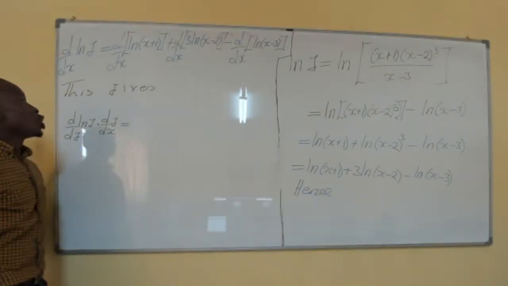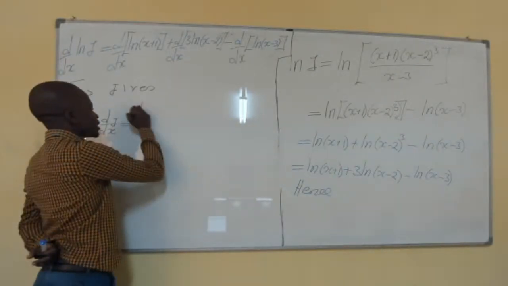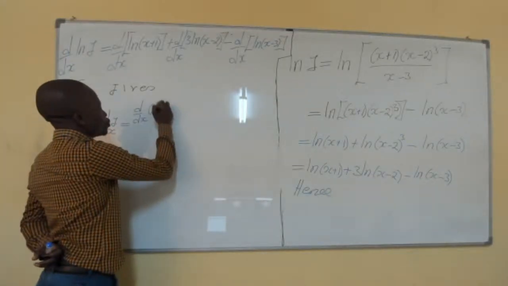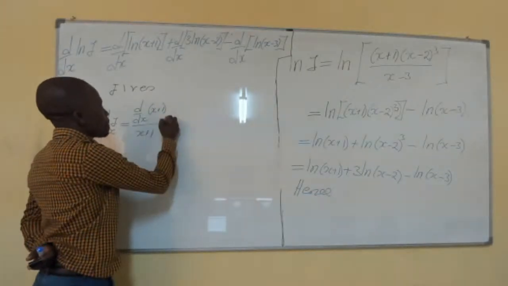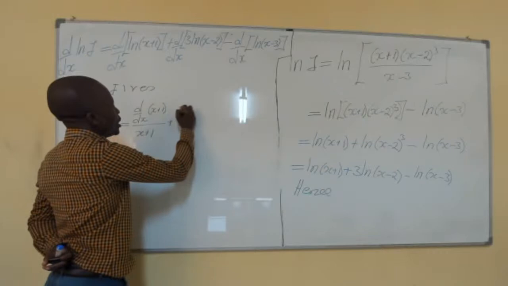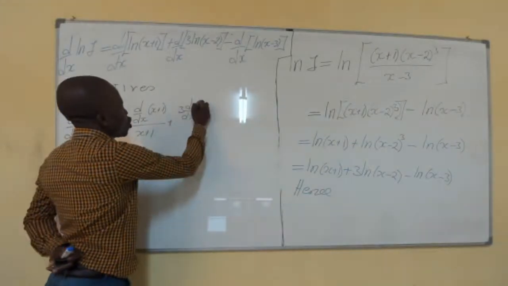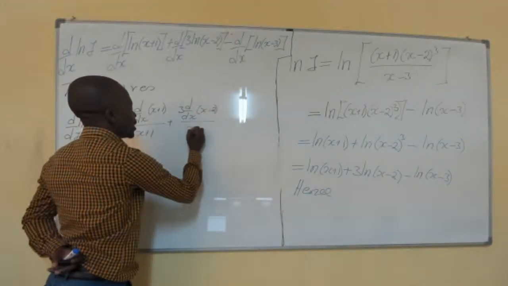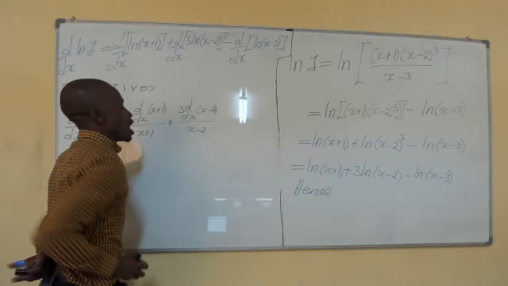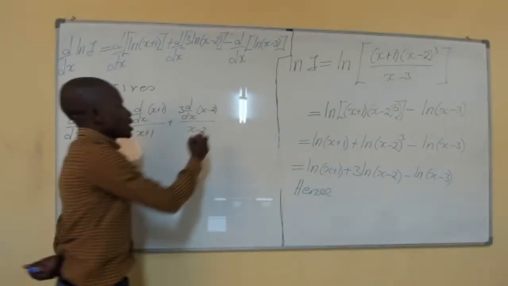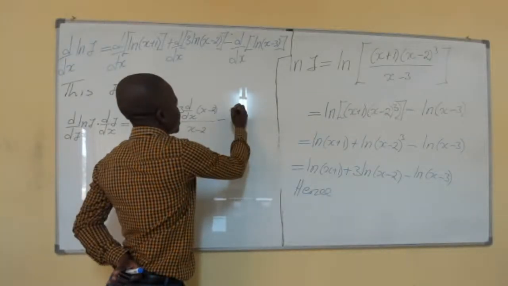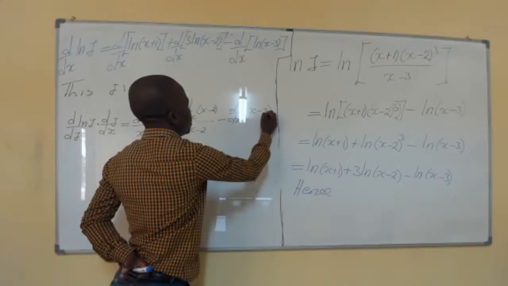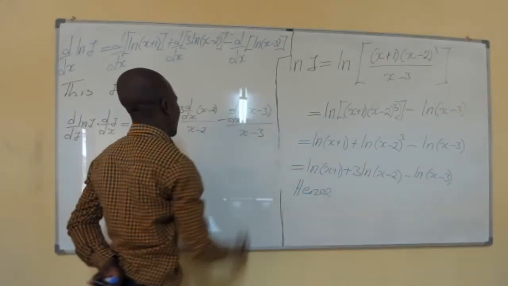the derivative with respect to x of x plus 1 over x plus 1, plus 3 times the derivative with respect to x of x minus 2 over x minus 2 according to the logarithmic differentiation rule, then minus the derivative with respect to x of x minus 3, everything over x minus 3.